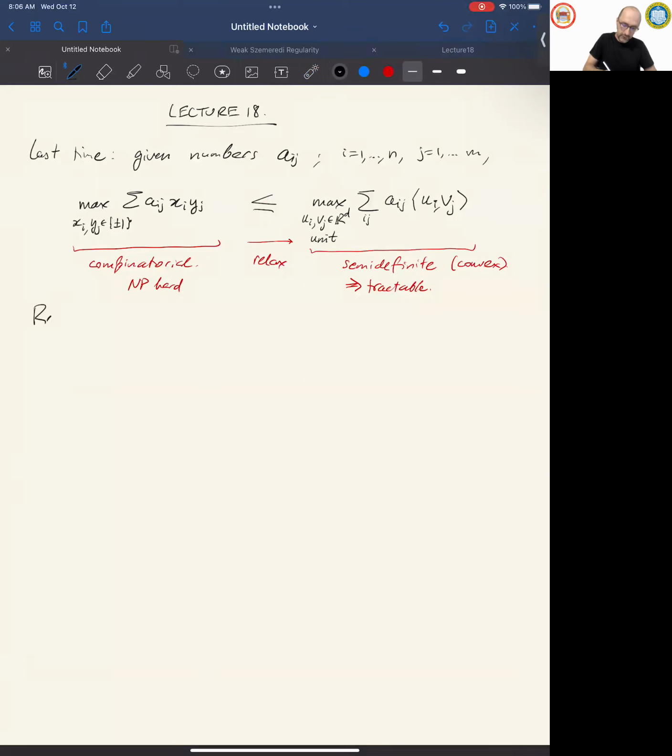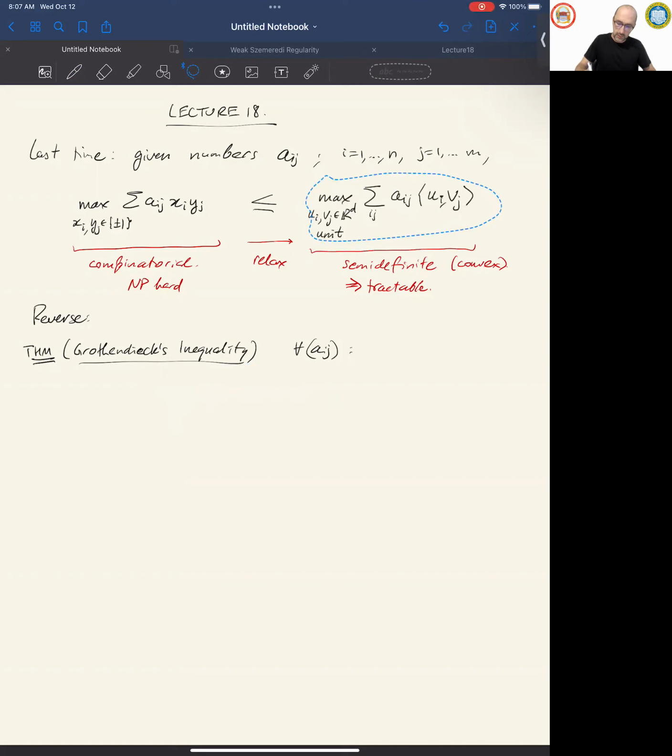So the converse, the reverse inequality, is one of the most celebrated results, inequalities of the 20th century. It's called Grothendieck's inequality. So for any a_ij, just like before, and you know what, I'll just copy it from here.